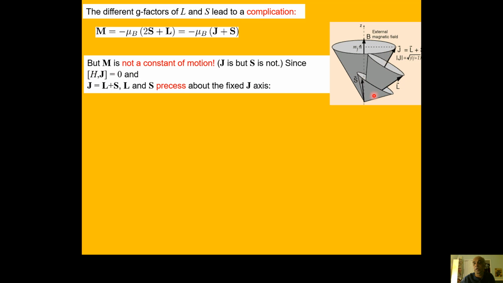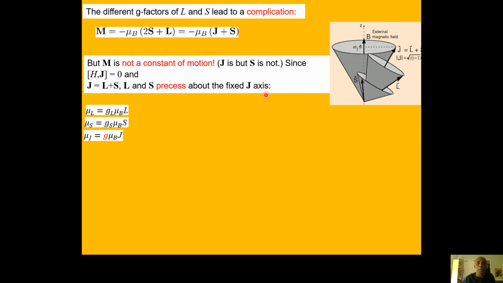They both precess about the J vector. Then the J vector is going to precess about the magnetic field B. So this will allow us to calculate something called the Landé g factor that's coming with this total magnetic moment J.